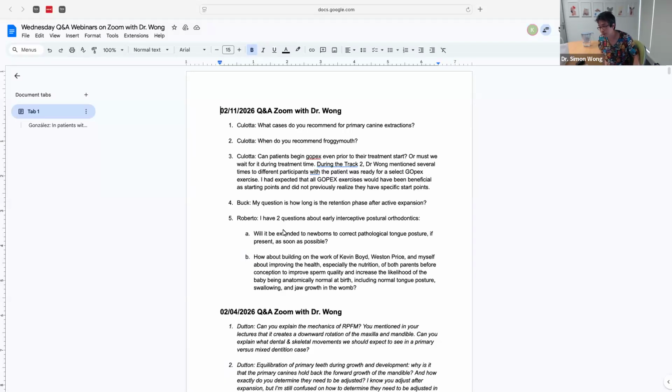And in that way, the crowding is resolved for the remaining teeth, which are the centrals, the laterals, the permanent canines, the second permanent premolars, thereby resolving the crowding issue by removing four bicuspids and hopefully reducing the need for fixed braces at a later point in time. So that's the concept behind canine extractions in the primary dentition.